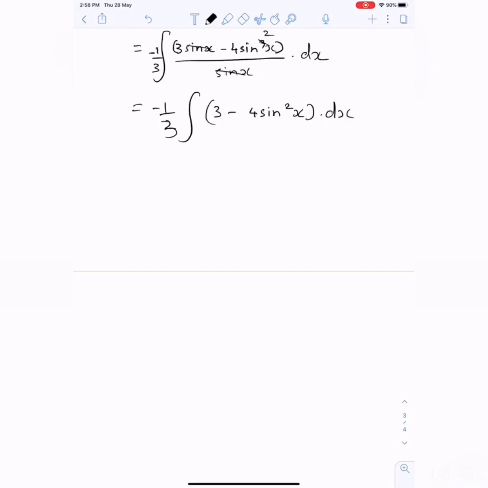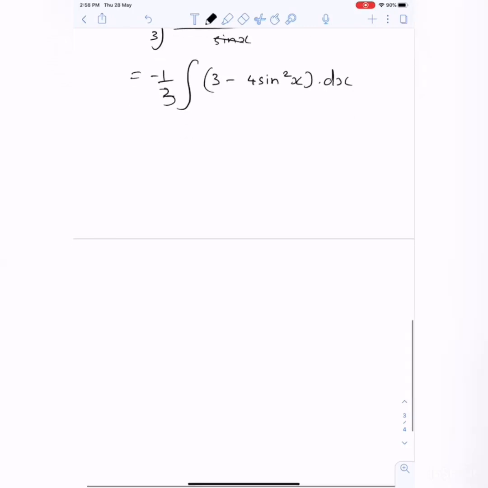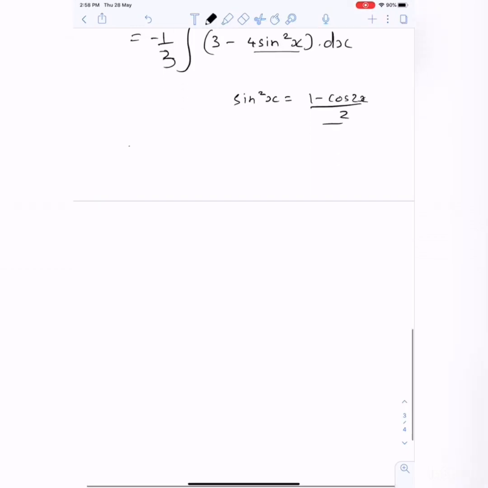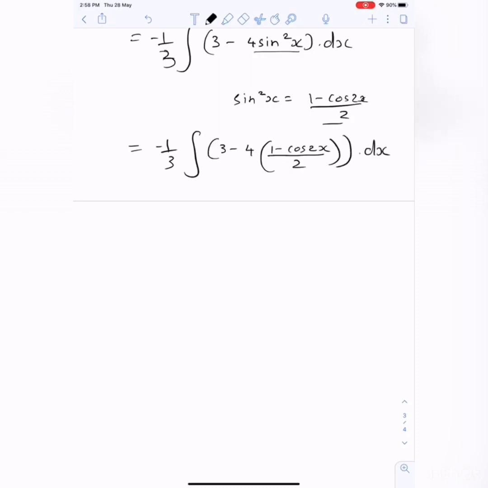Okay, so let's use one more identity. Let's convert this sin square x in terms of cos 2x. That would help us solve our integral. So we know sin square x is equal to 1 minus cos 2x over 2. So let's substitute that over there. So negative 1 over 3 times the integral of 3 minus 4 times 1 minus cos 2x over 2, dx.